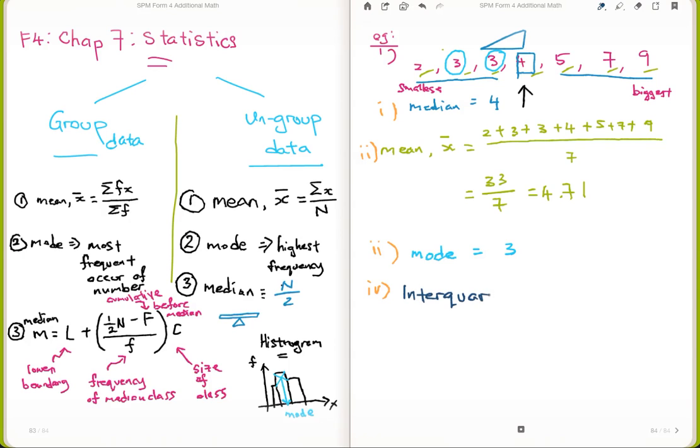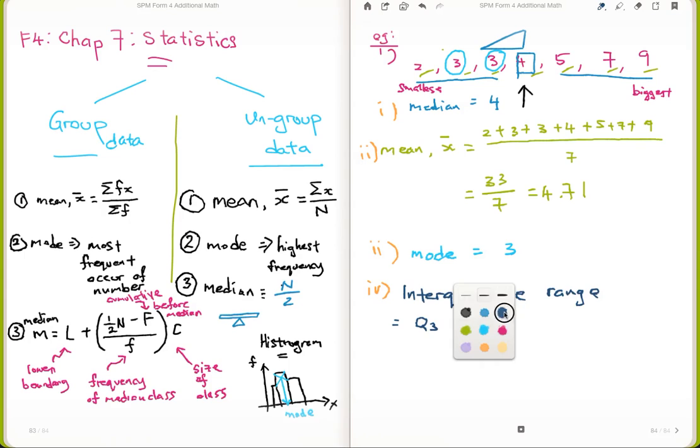Interquartile range for ungrouped data. Okay? Interquartile range means you get the third quartile and subtract the first quartile.